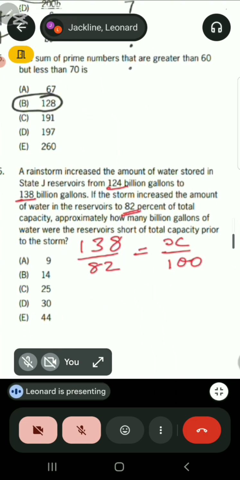The full capacity is 100%. So from here we calculate S. Let's find S.